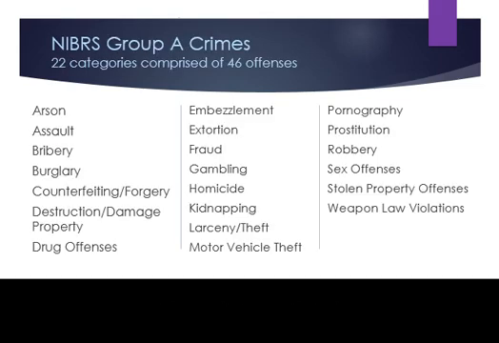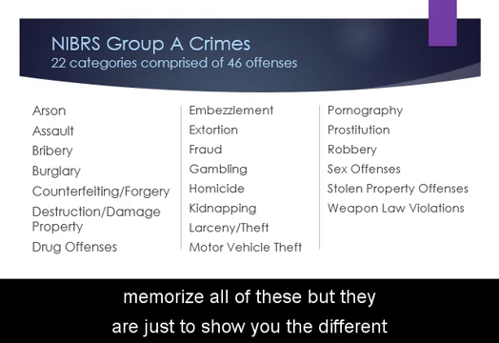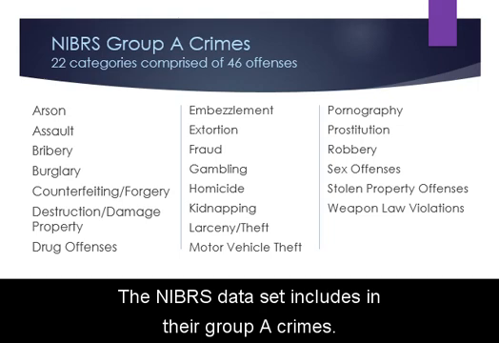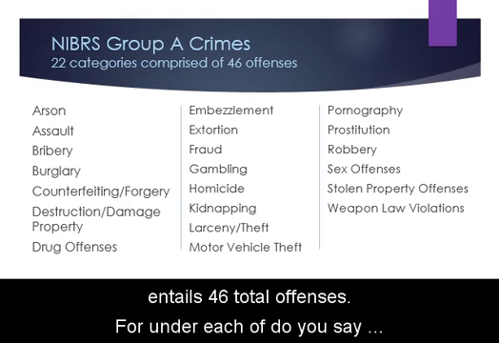You don't necessarily have to write all these down or memorize them, but they are just to show you the different categories that the NIBRS dataset includes in their Group A crimes. There are 22 categories in the Group A crimes, and this entails 46 total offenses.